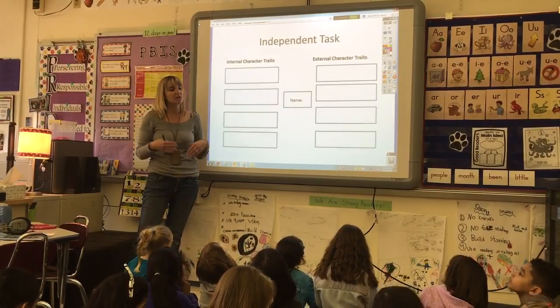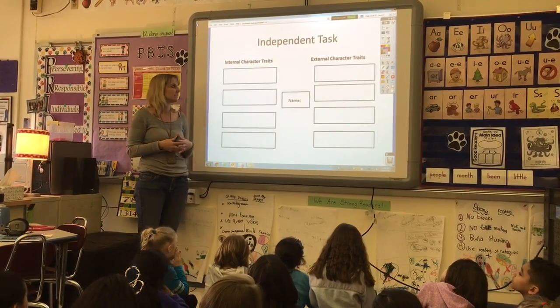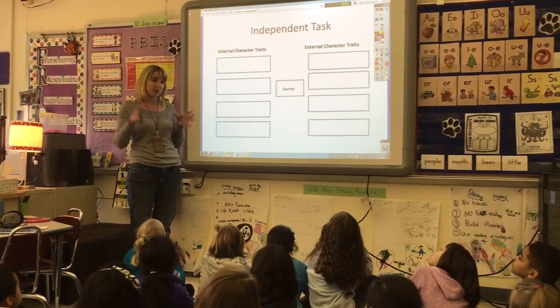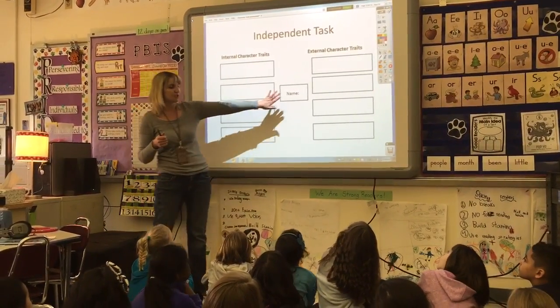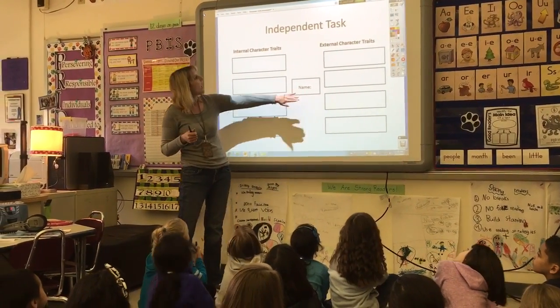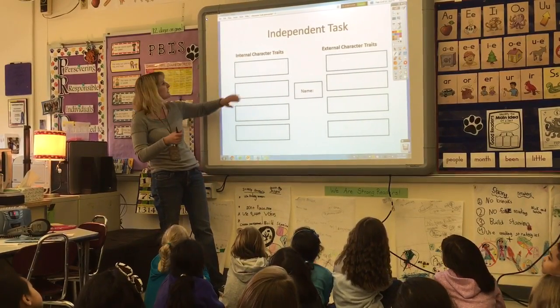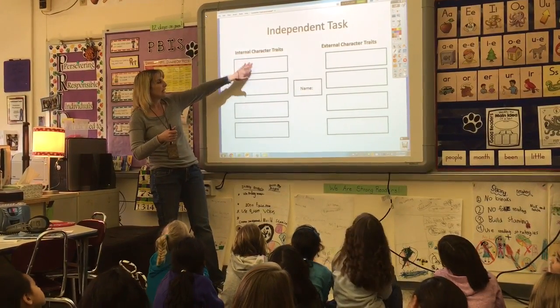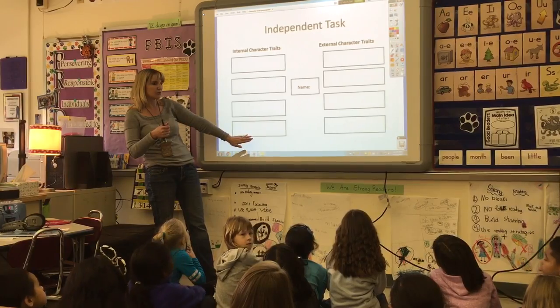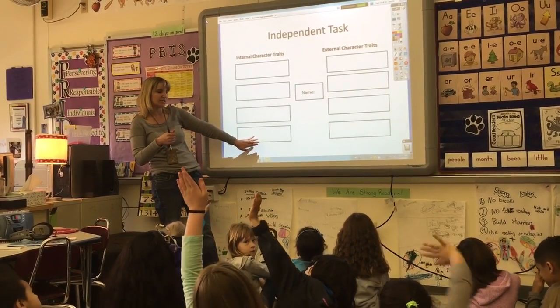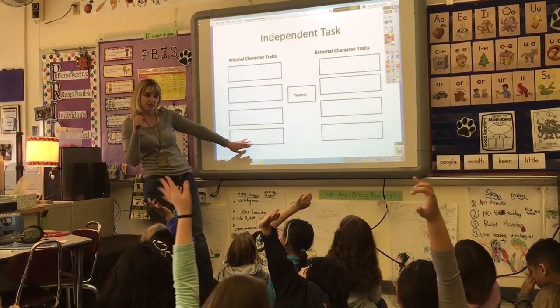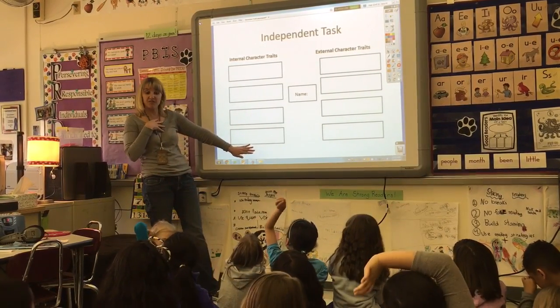Okay, so what you're going to do when you go back to your seats is the same thing, but we're going to put them together. We're going to fill out a graphic organizer where you're going to put your name in the middle. I did it separately. You're going to do it together. You're going to have your internal character traits, which are what? Who can remind us what the inside traits are? Think of that heart. It's a feeling.